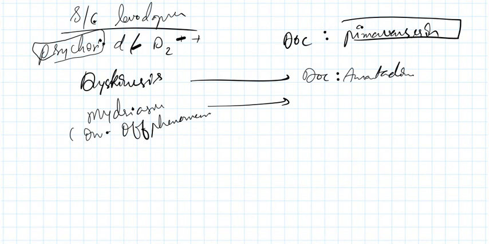There is mydriasis which can worsen the glaucoma. The drug of choice is COMT inhibitors. Entacapone, tolcapone, these are COMT inhibitors.